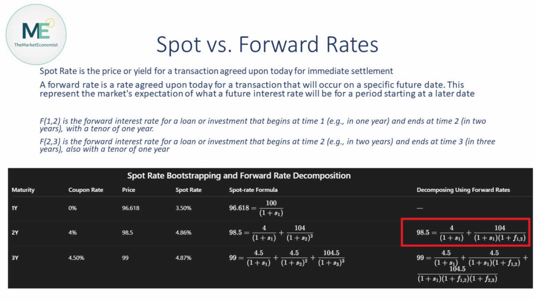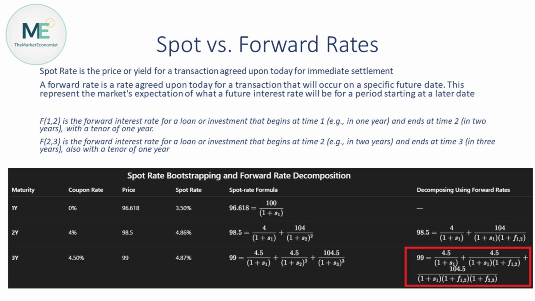Similarly, for the 3-year maturity bond, we had seen how we can calculate the spot rate S3. Now you do the same thing again here. 4.5 upon 1 plus S1, plus 4.5 upon (1 plus S1) into (1 plus F1,2), for which we have already seen both of these rates, plus 104.5 upon (1 plus S1) into (1 plus F1,2) into (1 plus F2,3).